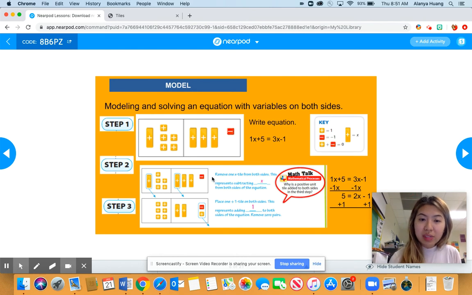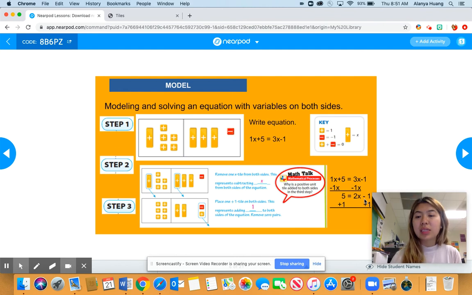From here, we have to remove 1x tile from both sides. That's the same thing as subtracting 1x on both sides. Since they both have x, we're taking out the 1x. And then we're left with 1, 2, 3, 4, 5, 6 single units, because as you can see, we had to add a single unit to this side.